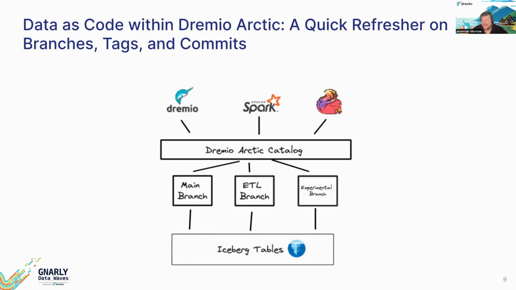You can create an ETL branch. You can merge that data into the table. You can check that branch for quality, make sure there are no missing values, extra rows, things like that. You can do transformations. You can create an experimental or data science branch.